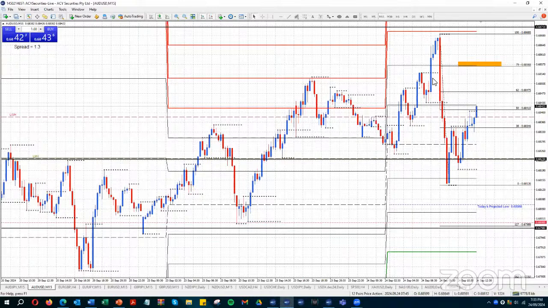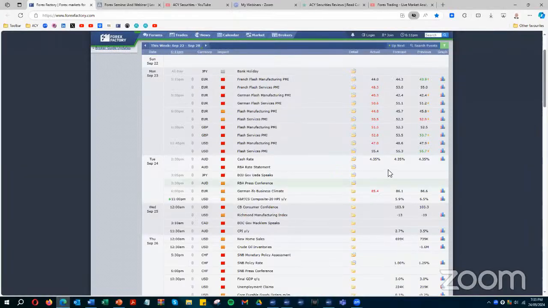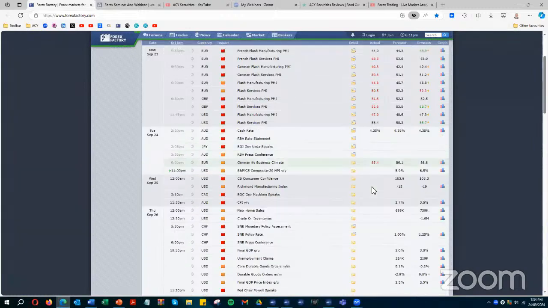Personally, at the moment with CPI coming out, I would be waiting until post CPI, because tomorrow we're expecting a weaker figure. They're expecting 2.7.